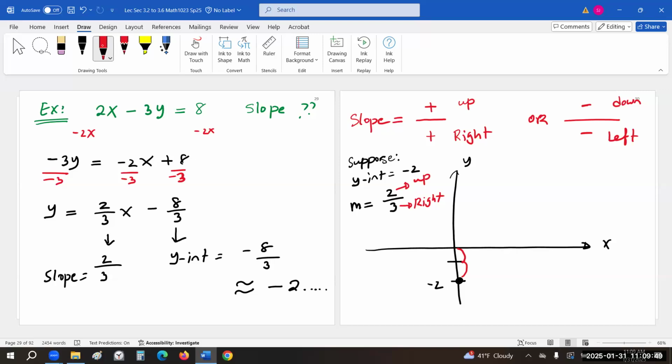Now from the origin, we walk 3 units to the right: 1, 2, 3. We end up here. So we didn't find the x-intercept, but when we walked, it gave us the x-intercept. Now you can connect the 2 points and draw the line.